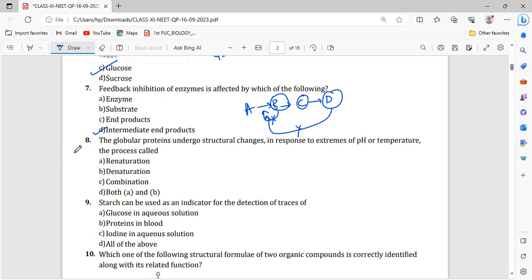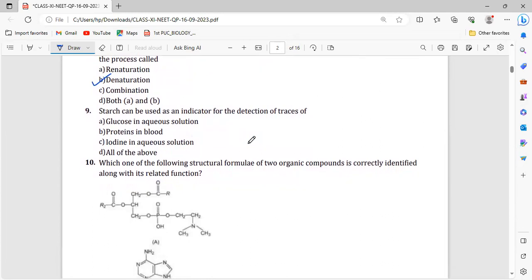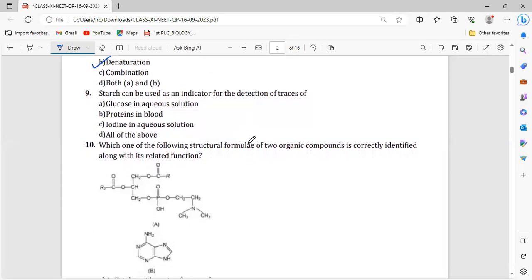Eighth one, globular proteins undergo structural changes in response to extreme pH or temperature. When there is extreme pH or temperature, the structure changes, and that process we call denaturation. The ninth one, starch can be used as an indicator for the detection of traces of.